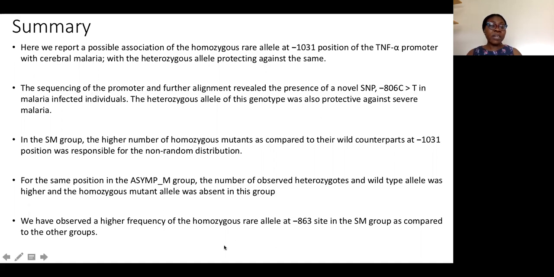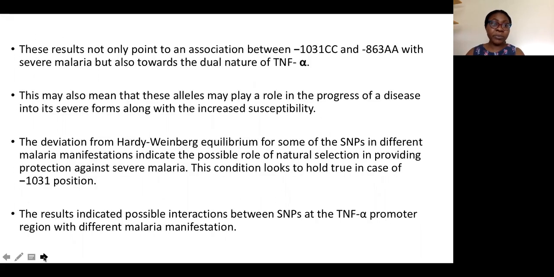In this study, we observed a high frequency of homozygous rare allele at codon 863 in the severe malaria group as compared to the other groups. Our results not only point to an association between mutation at 1031 and 863 codons with severe malaria, but also demonstrate the dual nature of TNF, the protective effect, as well as the propensity to cause severe condition.